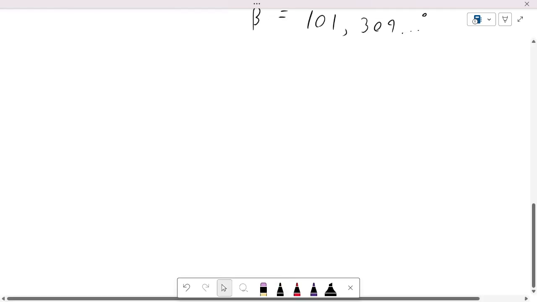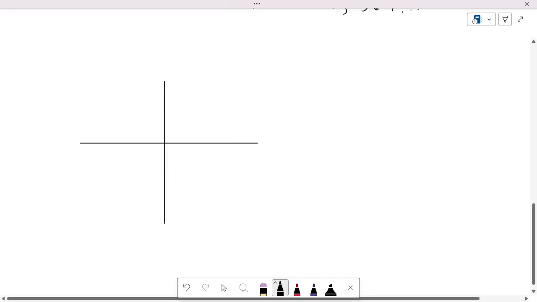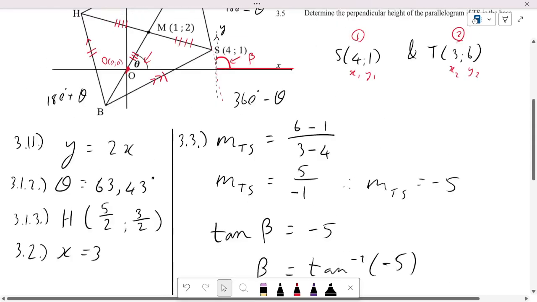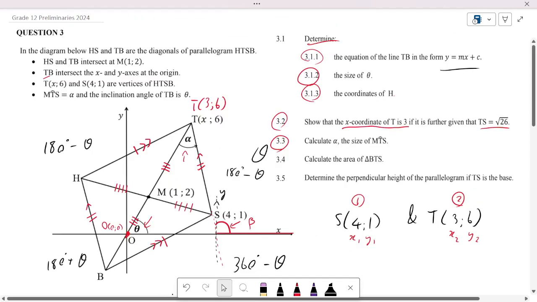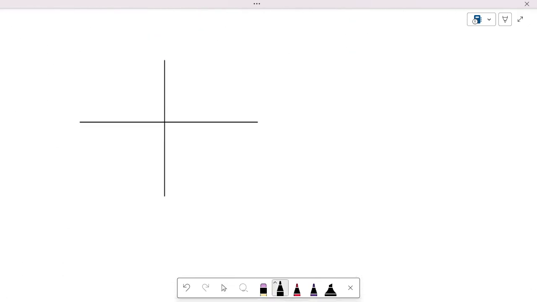Okay guys, so I do apologize for my terrible explanation, but let me go through this explanation with you. So I should have explained it like this. We have our Cartesian plane over here, from our diagram, and we have the following angles: theta, and then we have alpha going down like this.